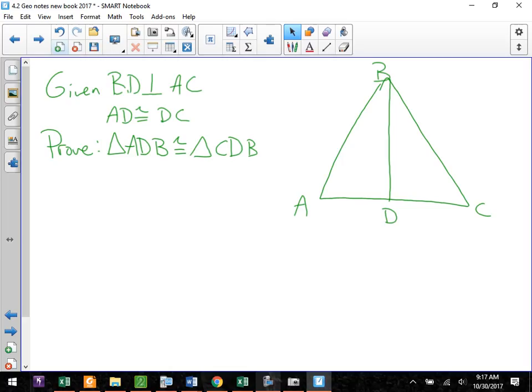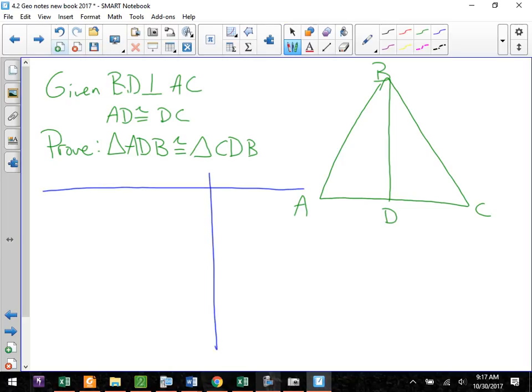Okay? So let's go through this and walk it through. BD perpendicular to AC, given.